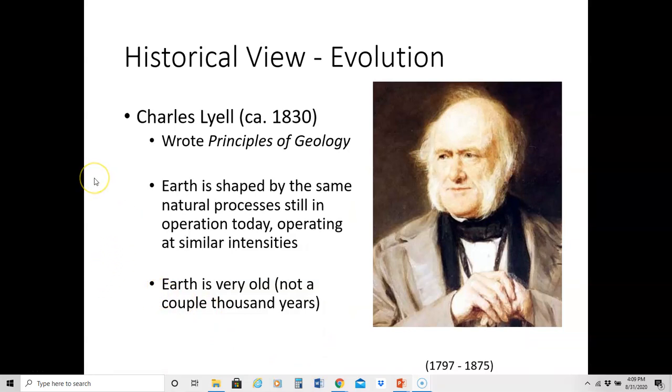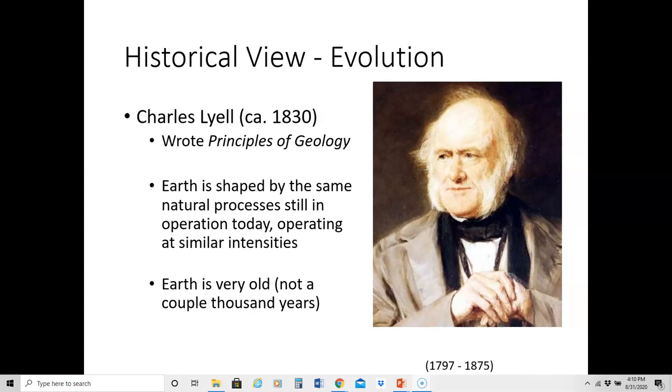Charles Lyell, in around 1830, wrote Principles of Geology. In this book, he described natural processes that changed the earth, including land masses being created and being destroyed through natural processes like volcanoes and land masses moving.